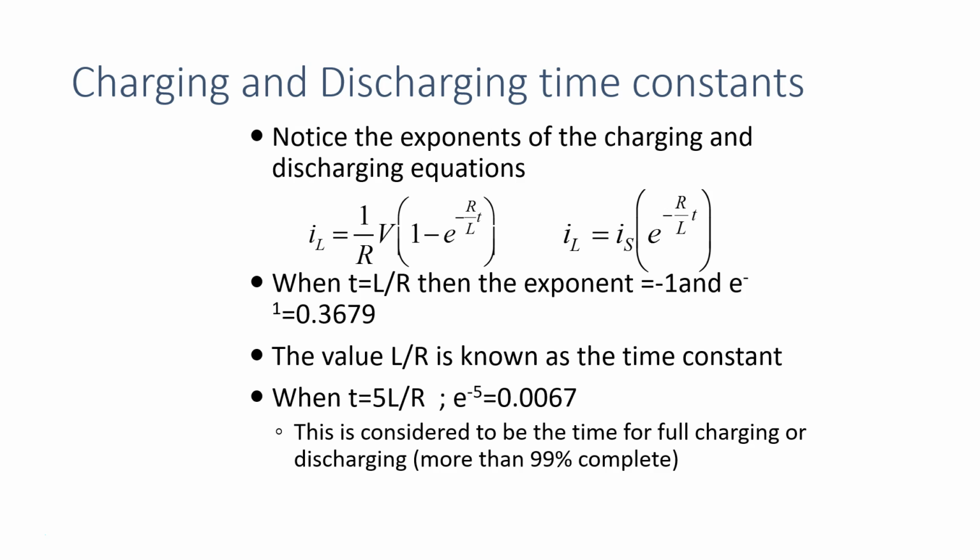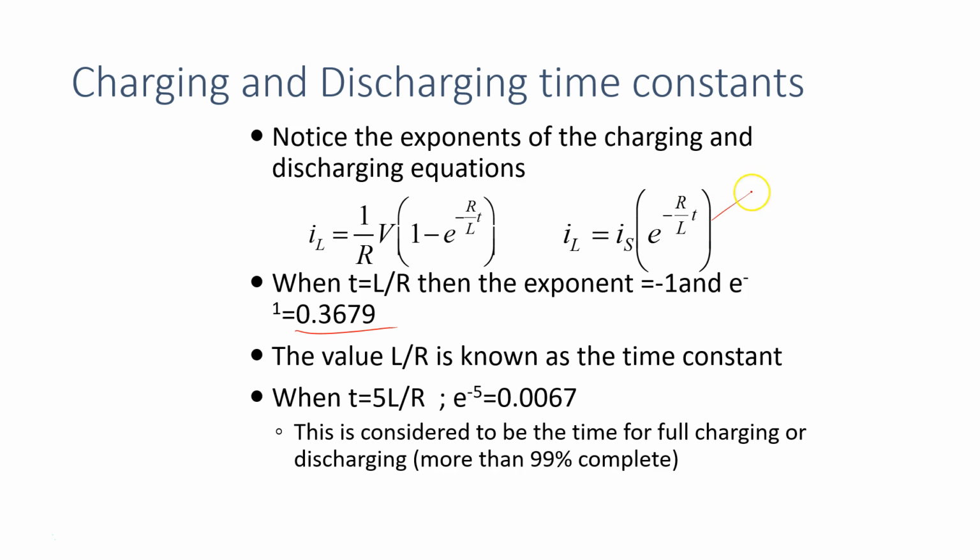Now again looking at the time constants, when t is equal to L on R, and I think I mentioned this a little while ago, we have the same condition that the exponent goes to minus 1, and we will have 0.3679.